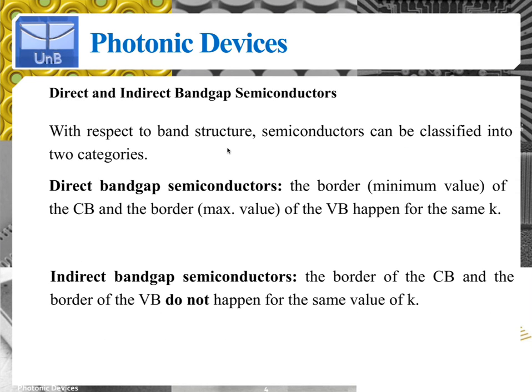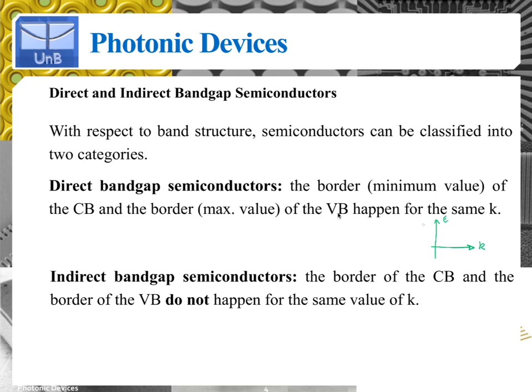With respect to band structure, it's important to distinguish between direct bandgap semiconductors and indirect bandgap semiconductors. So what's the difference? The difference is going to have to do with the band structure. In direct bandgap semiconductors, the border minimum value of the conduction band and the border corresponding to the maximum value of the valence band happen for the same K. So these two things will correspond to the same wave vector K. So if we plot this, it would look something like this.